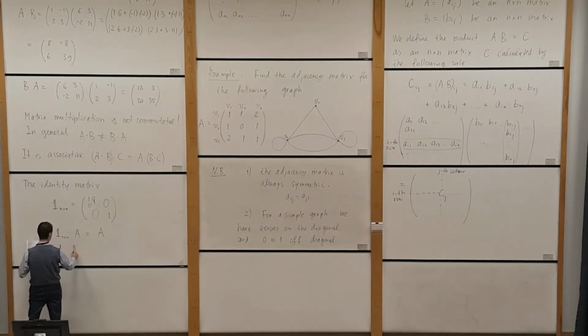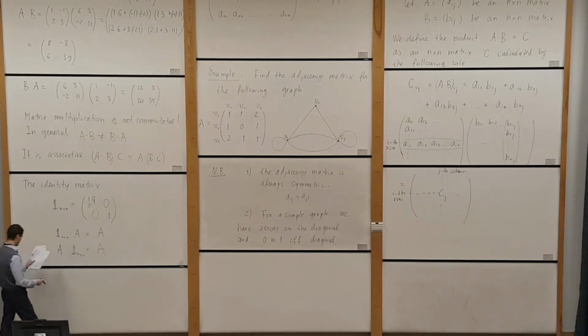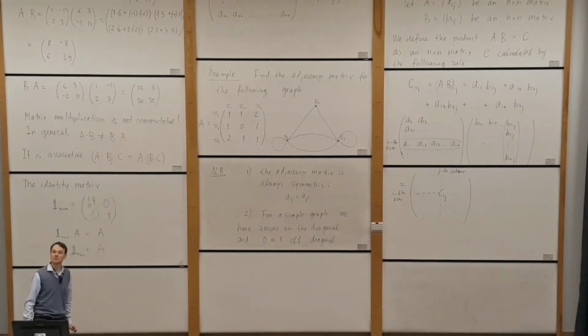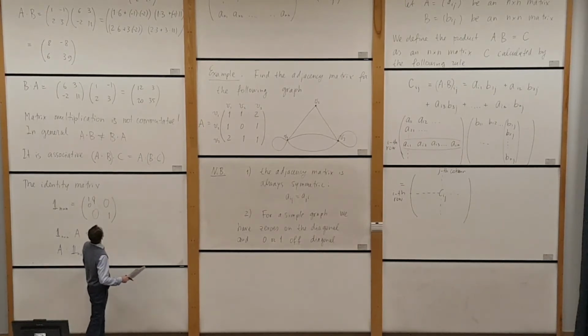A times the identity n by n also doesn't change anything. It gives me A. So it behaves just like multiplying by 1. Any questions about matrix multiplication? Okay, hopefully you've got the idea.